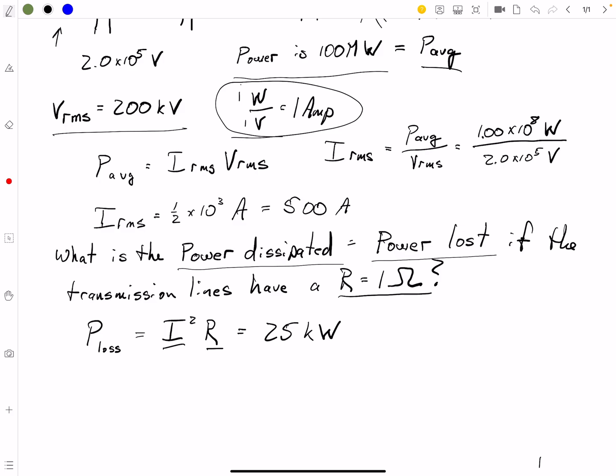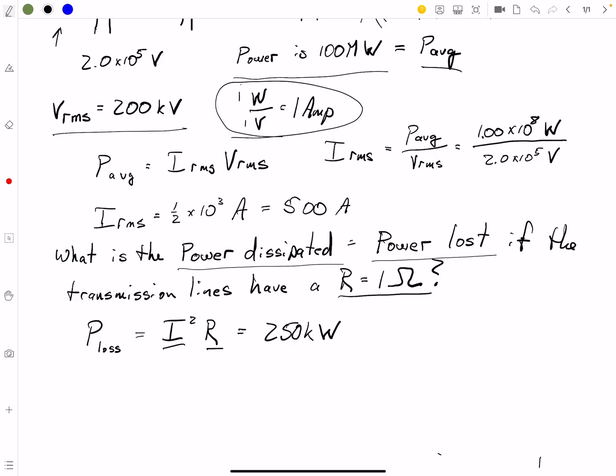Dang it. How did I miss an extra zero? 500 squared. Sure enough, I missed a zero. Okay, so it's 250,000 watts, or 250 kilowatts. All right, that's how much we've lost.